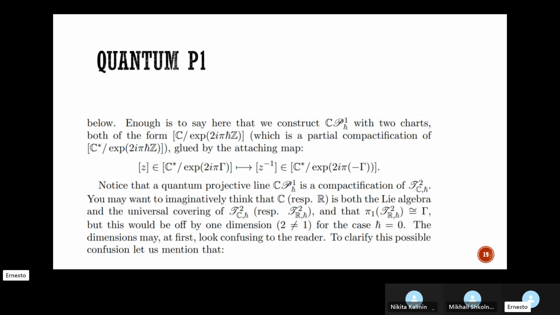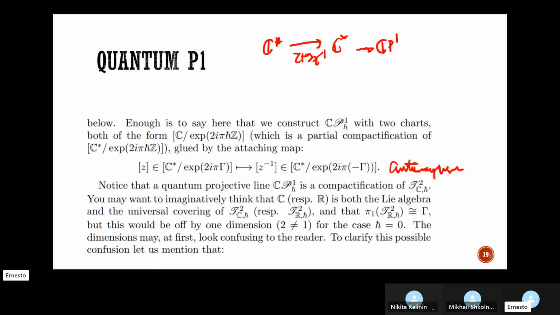So this is an automorphism of the quantum torus, to be expected. And notice that this automorphism is the same one that I use, given the usual complex torus, to glue CP1. To have this automorphism is the same as to have the gluing for CP1.